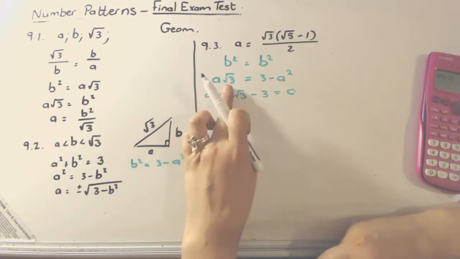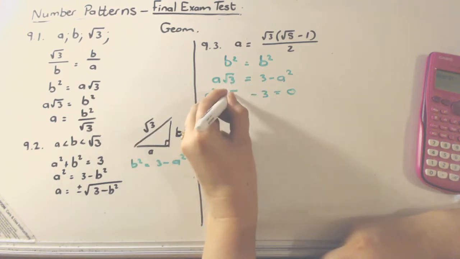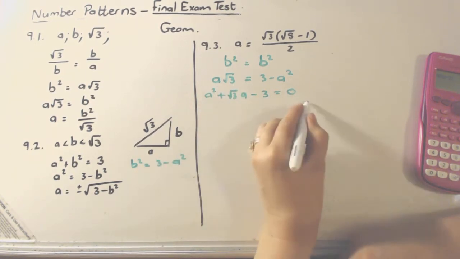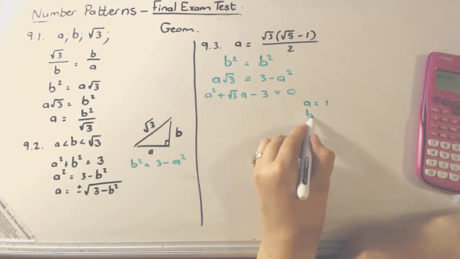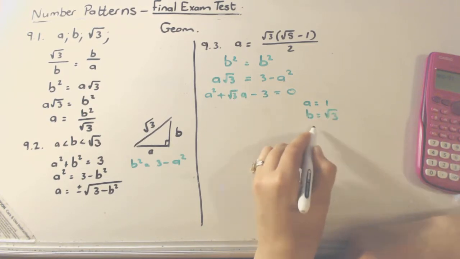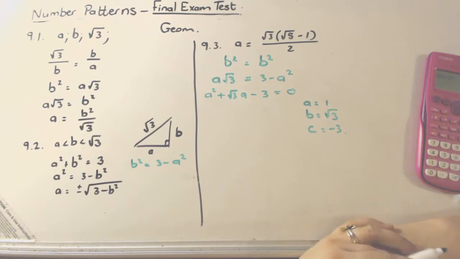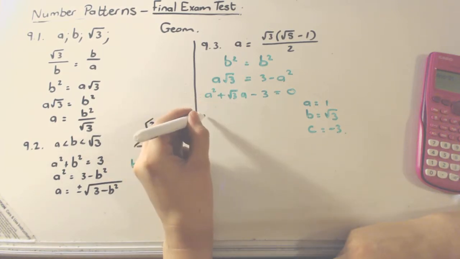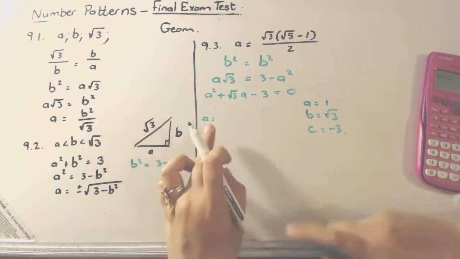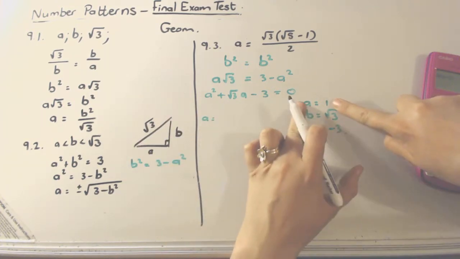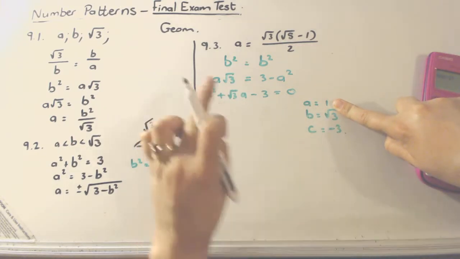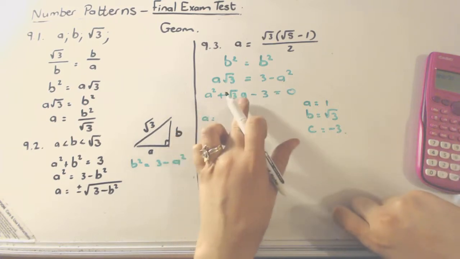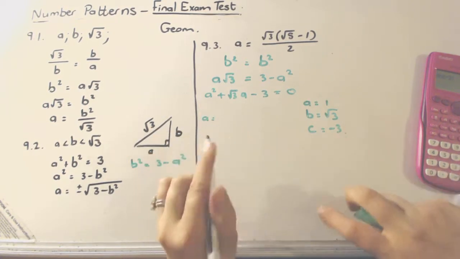It's a quadratic equation, with a equal to 1, b equal to root 3, and c equal to negative 3. And then I can find the value of a. There's two different a's here now. This a is the coefficient of a squared in a usual quadratic, and this a is the a from the equation, which is a bit confusing, right?